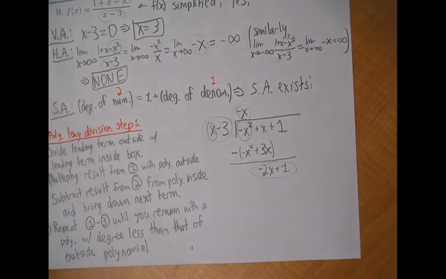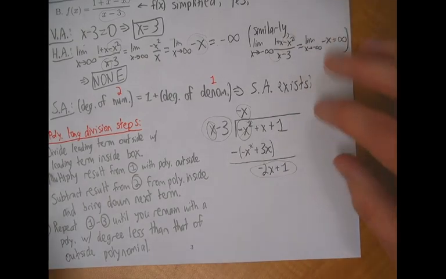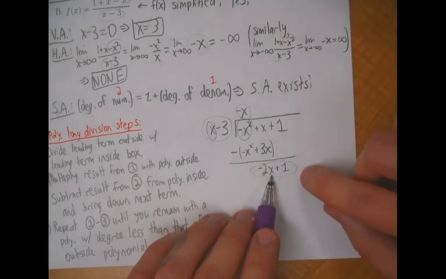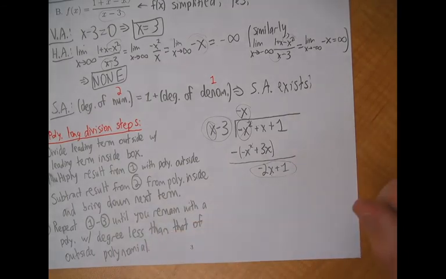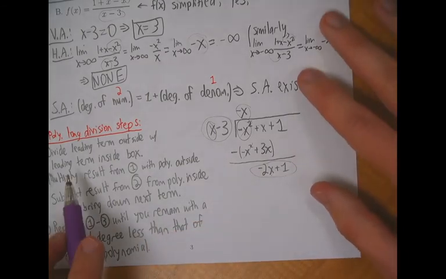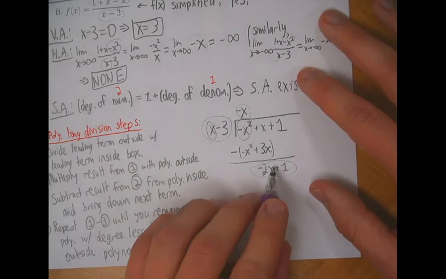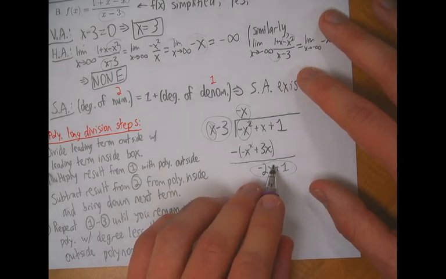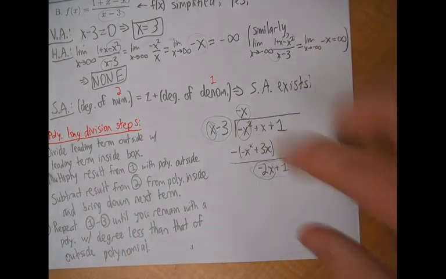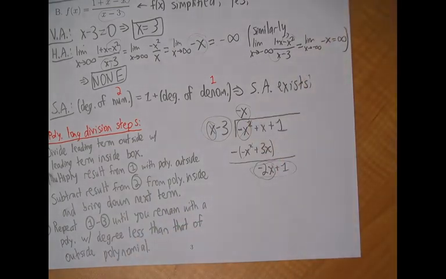We're not, so we have to do this another time. Now let's move back to step 1, except now our inside polynomial becomes negative 2x plus 1. Our leading term becomes negative 2x instead of negative x squared. If we repeat step 1, what should our result be?